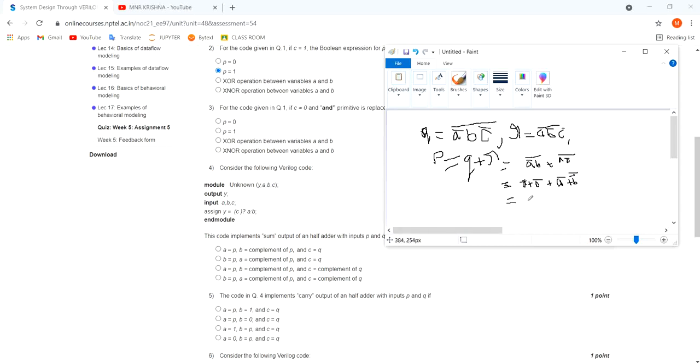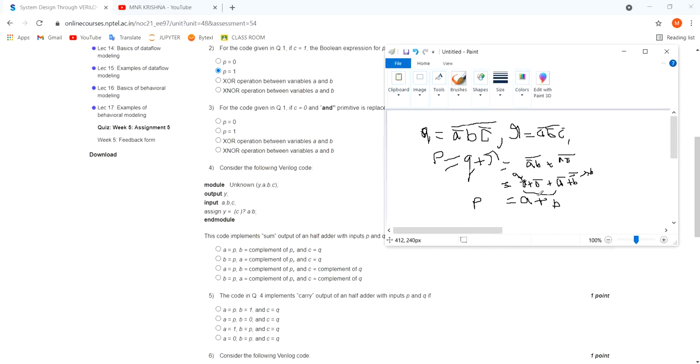Here a double bar means a, b double bar means b. Here a plus a bar means a, then plus b plus b bar is equal to b. Then the final result p is equal to a plus b.